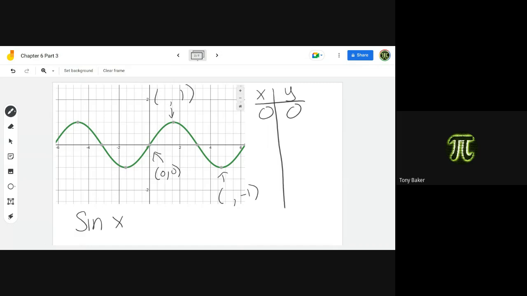Sine's period, or in better terms, is 2 pi. That means it repeats every 2 pi. That's its period. So from 0 to 2 pi, at 2 pi right here, it goes right back to 0. So my last point is 2 pi is also 0.